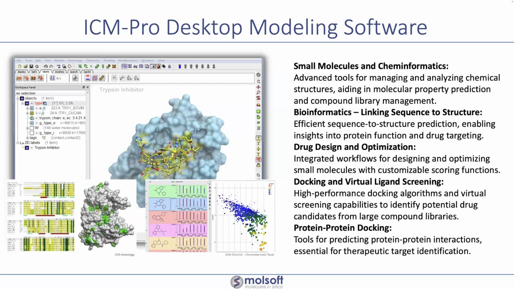You can analyze the structure, identify ligand binding pockets and protein-protein interaction sites. There are tools for homology modeling, loop modeling, and building a full atom representation of your protein. There's molecular dynamics and Monte Carlo. These are all tools we probably won't cover today, but they're available if you have the trial license.